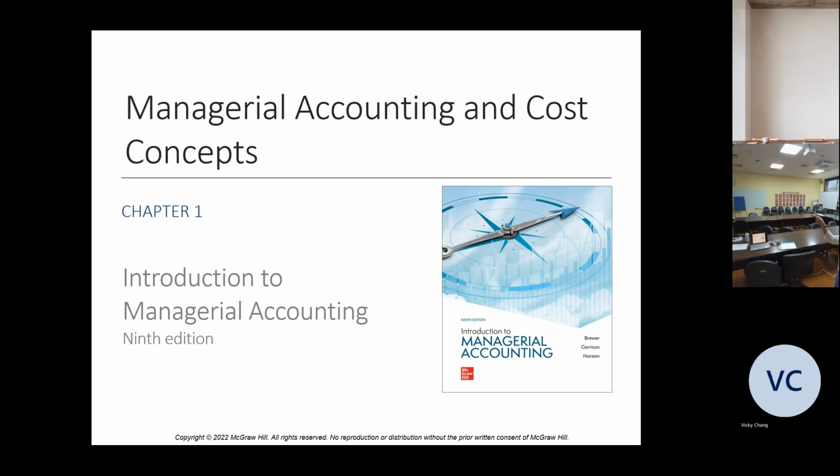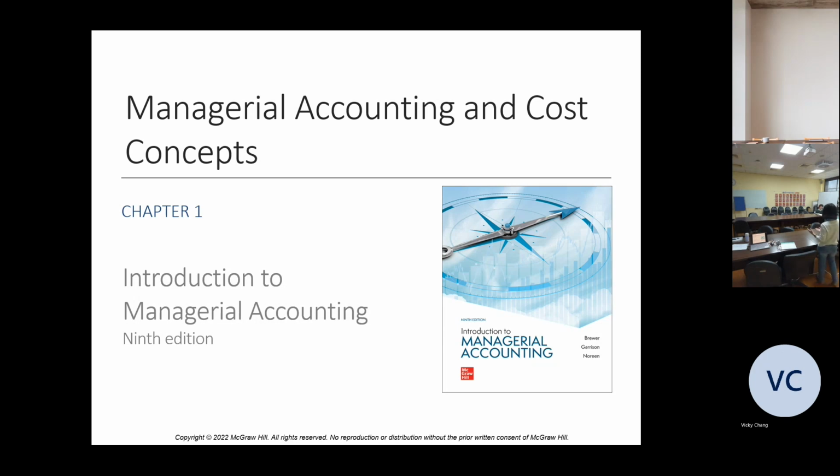Okay, chapter one. Chapter one is managerial accounting and the cost concept. So managerial accounting starts from the identification of various costs. Can you think about any cost in your mind? Wages is a kind of cost. What kind of cost?